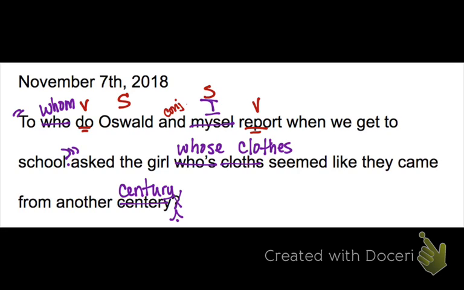Now, I said to whom is not a vital part of this. What is to and what is whom? To is going to be one of two parts of speech. It's either going to be an infinitive or it's going to be a preposition. Which one is it? Preposition. To whom, because whom is a pronoun, is it not?